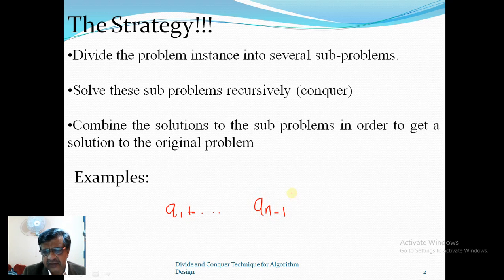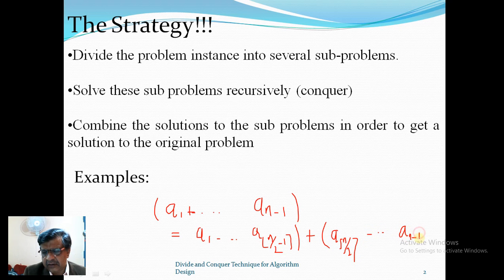As far as the divide and conquer strategy is concerned, we will divide this into half: a1 to a floor of n by 2 minus 1, then plus a of ceiling of n by 2 to a n minus 1. So this can be further divided into two parts, and each of these can be further divided into two parts. That's how it goes on dividing.